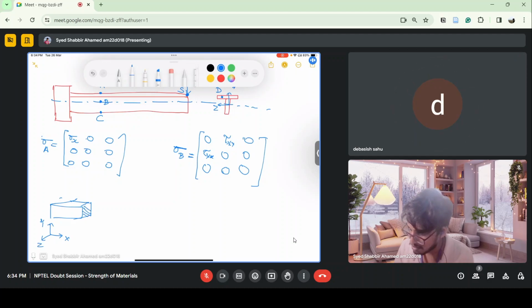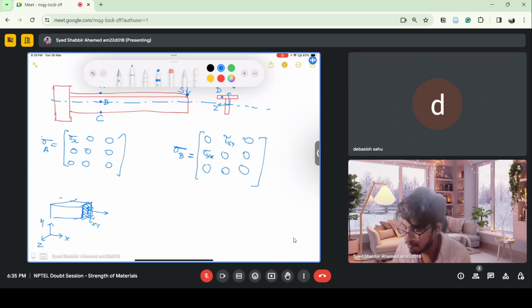If I cut a section on the x-axis, the section is a plane with the x-axis as its normal. That's why I'm saying this is x, having a shear stress in the y direction. So tau xy.